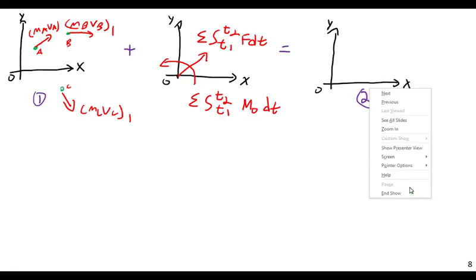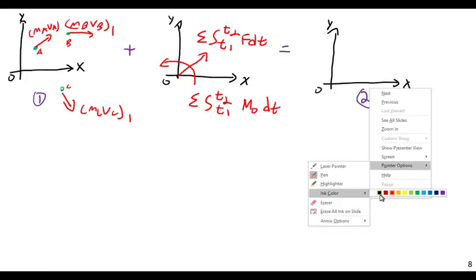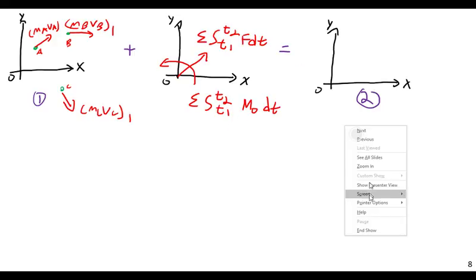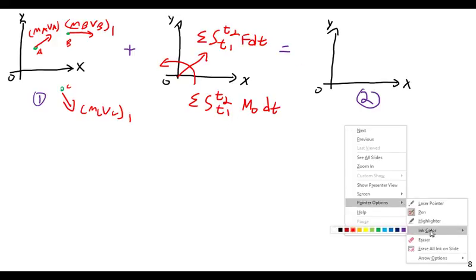So basically we're saying that the summation of forces and moments applied to a system of particles over some length of time, T1 to T2, will produce a change in the state of the velocity.